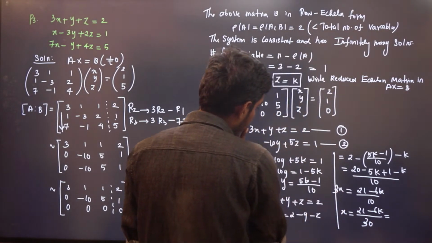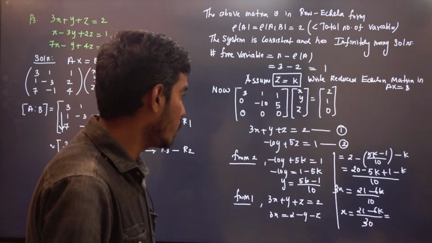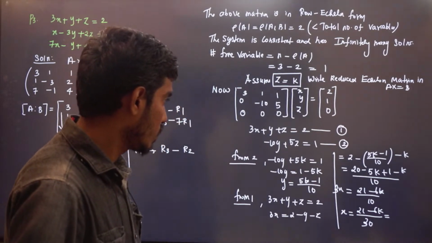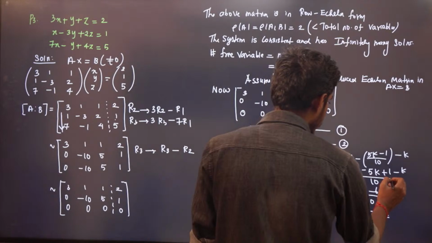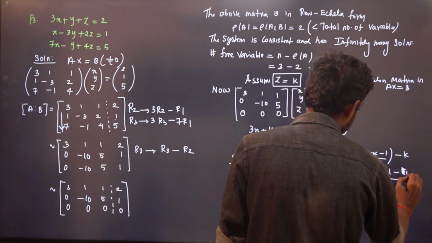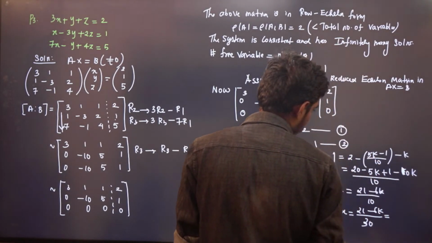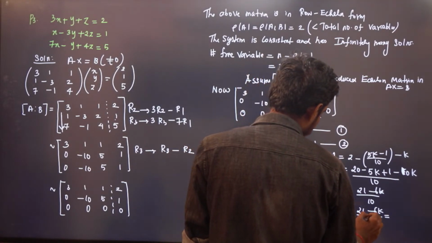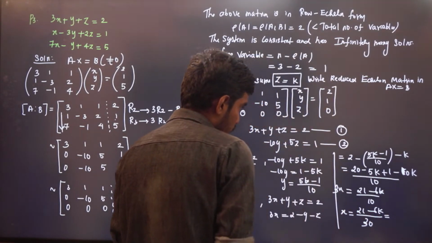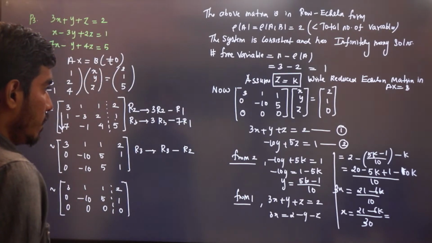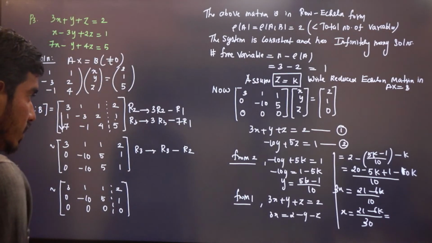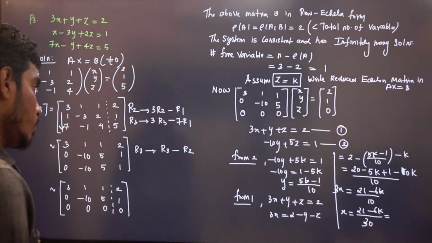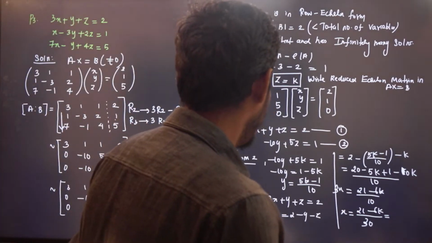So if you take 3 outside here, you will have what? Here also this is 10k. So this is minus 15k. Minus 5k plus 1 minus 10k divided by 10. So minus 15k.